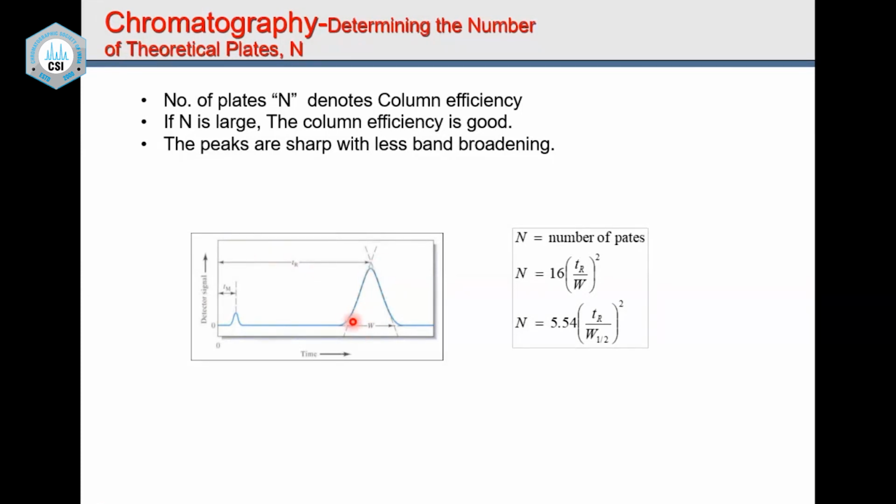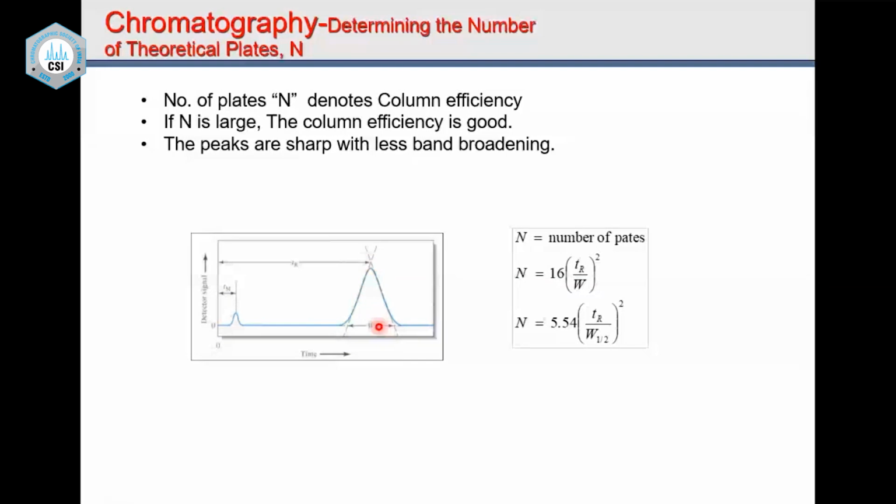And if we calculate the width of the peak in terms of time, not in terms of centimeters or millimeters, so the starting time to the end time, then the difference between the end time and the starting time will be the peak width, and the time at which the peak gets eluted at the peak maxima is the retention time. Then we can calculate the number of plates by the simple formula N = 16 (TR/W)².